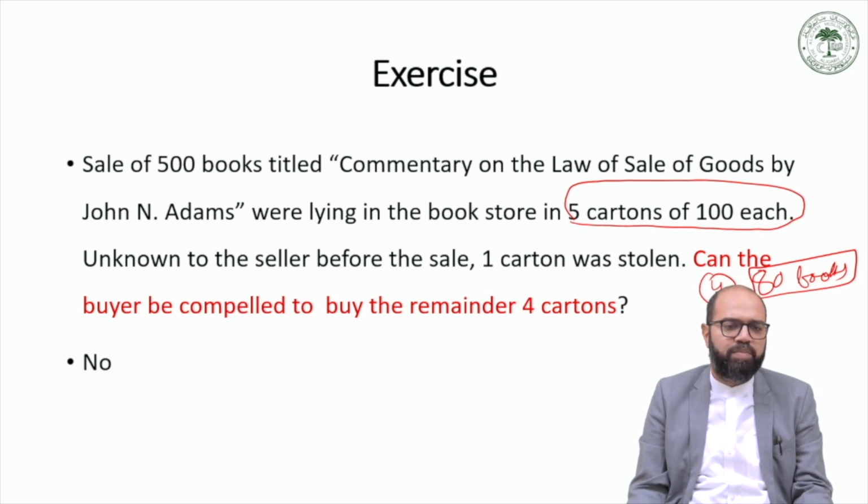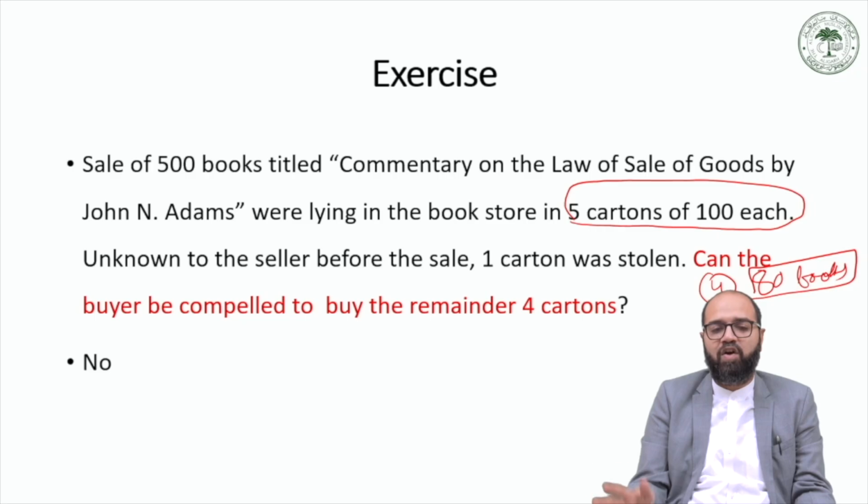The answer is no, because this is a kind of a modification or a novation to the original contract. Only the original contract can be enforced. However, it is open to the buyer, if he so feels like, to buy the remainder of the goods, but he cannot be compelled to do the same.